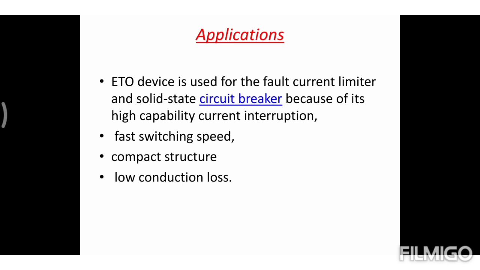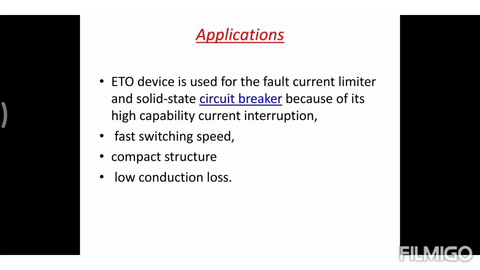Coming to the applications. What are the applications of this ETO? It is used as a fault current limiter. ETO is mainly used for limiting the fault currents and it acts as a circuit breaker.